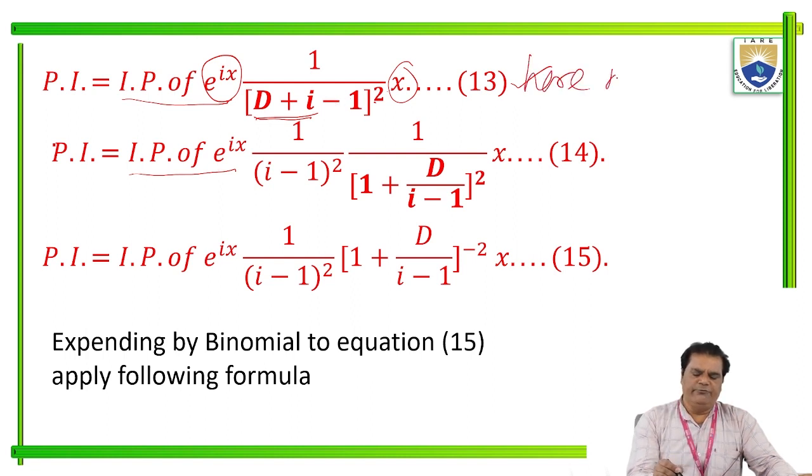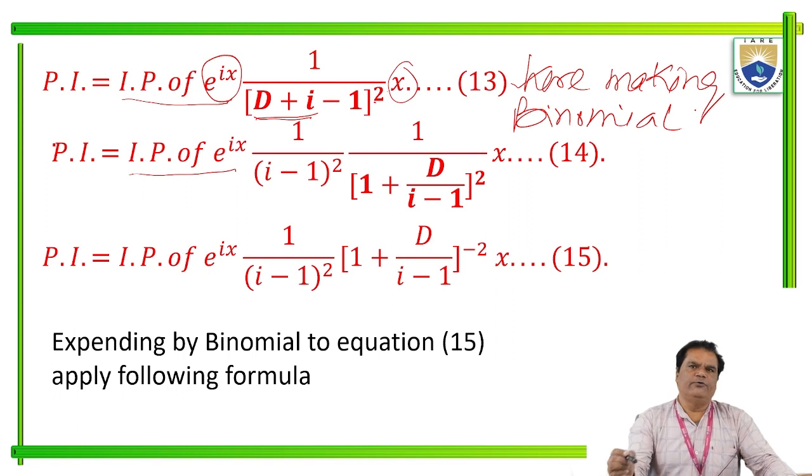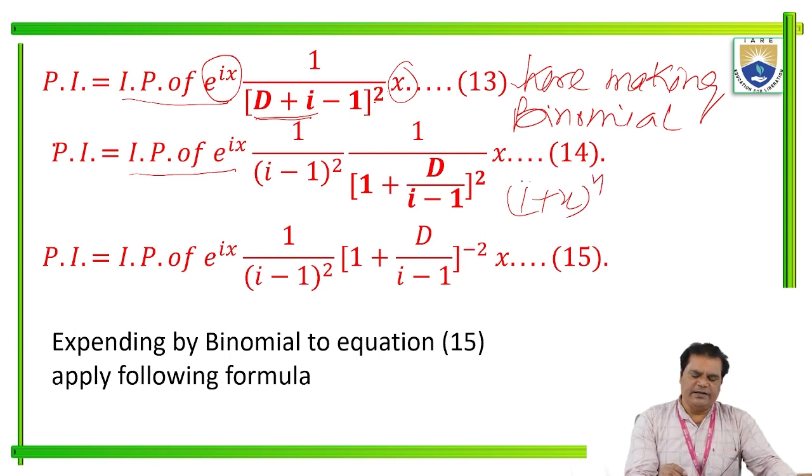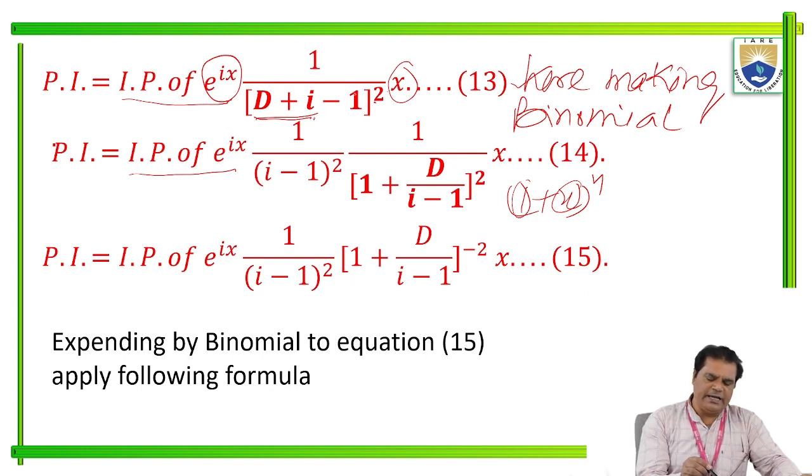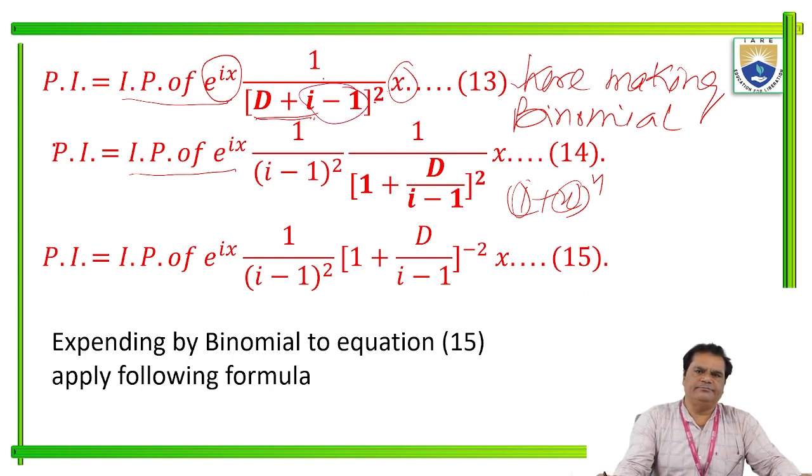So what is a binomial? A binomial is (1 plus x) to the power n. The first term is 1 and the other term is x. So here we make the first term 1, which means taking (i minus 1) common, because we take the lowest power of D as common.